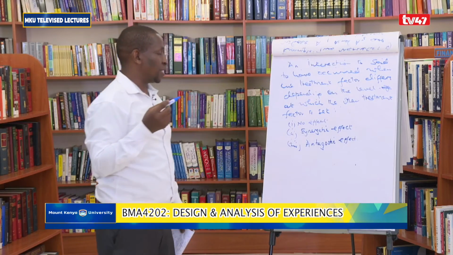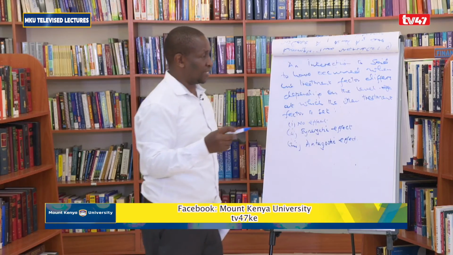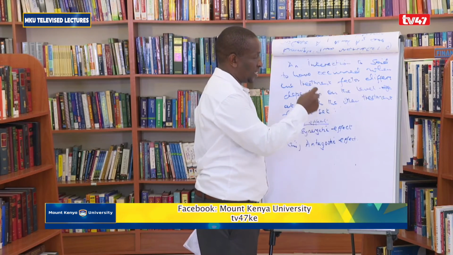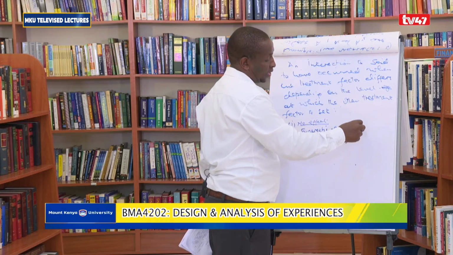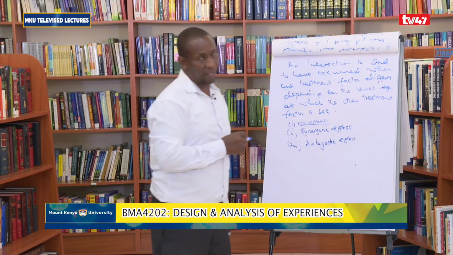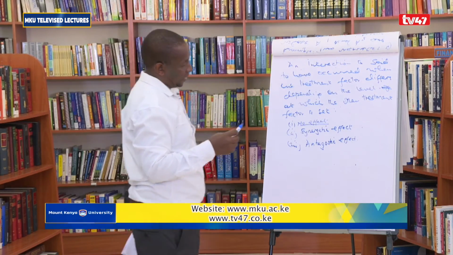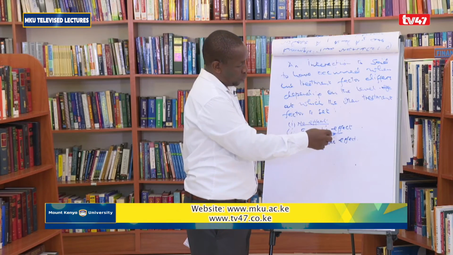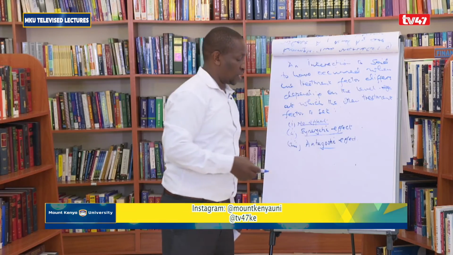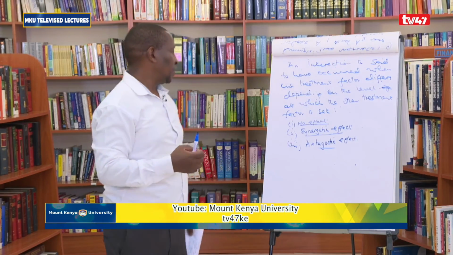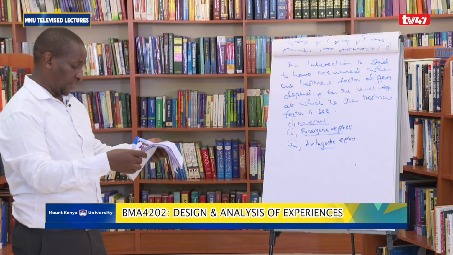If the response does not change when two factors are observed at various levels, then we have no effect, or there is no interaction between the two. But if yield or response increases when the two factors have been applied at the same time, then that is what we call a synergetic effect. And when the response reduces when the two factors have been increased, then we call it an antagonistic effect.